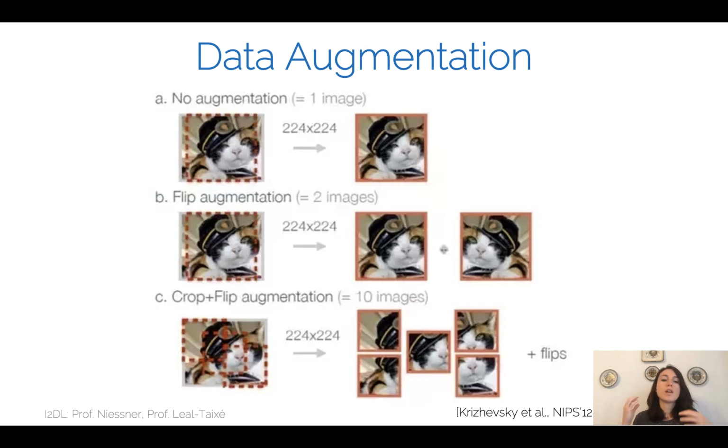And so generating artificially this kind of occlusion, so not really showing the full object to my neural network, actually helps my neural network become more robust to occlusions, partial occlusions, or objects that are just placed on top of my object of interest, or on top of my cat in this case. So essentially with data augmentation, what I have done is I have converted one image to now 10 images that I can use for training. So I've basically augmented my data set to train my neural network.